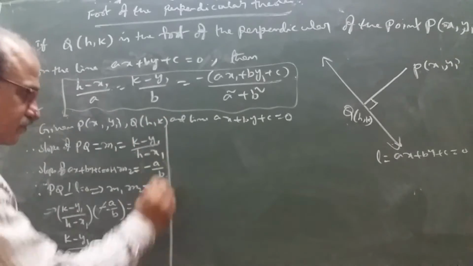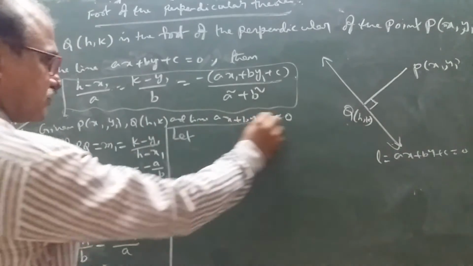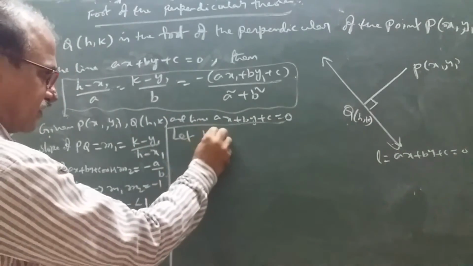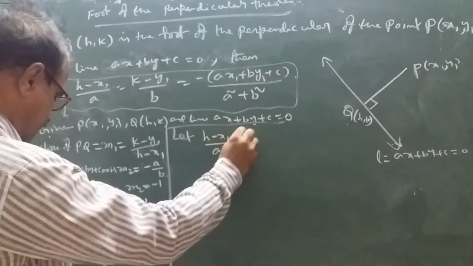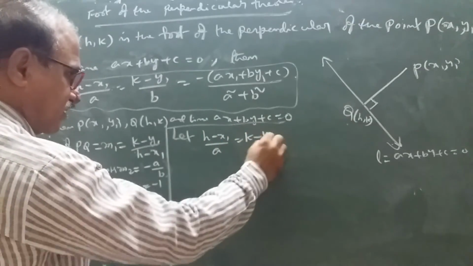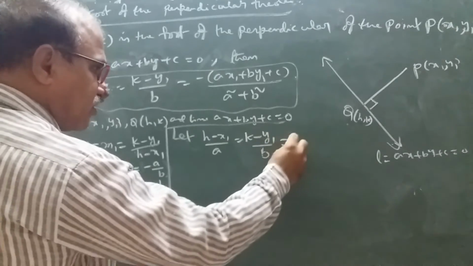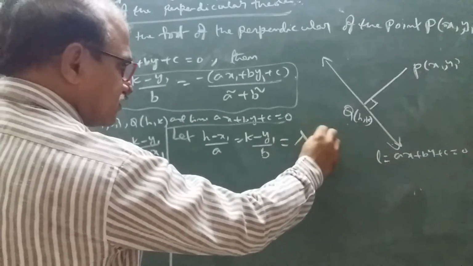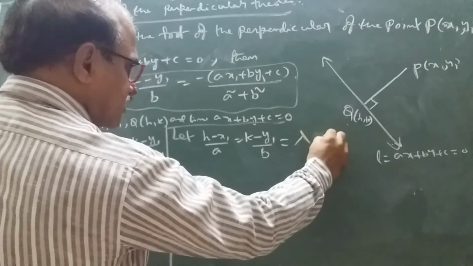Let (h - x1)/a = (k - y1)/b = some constant lambda.